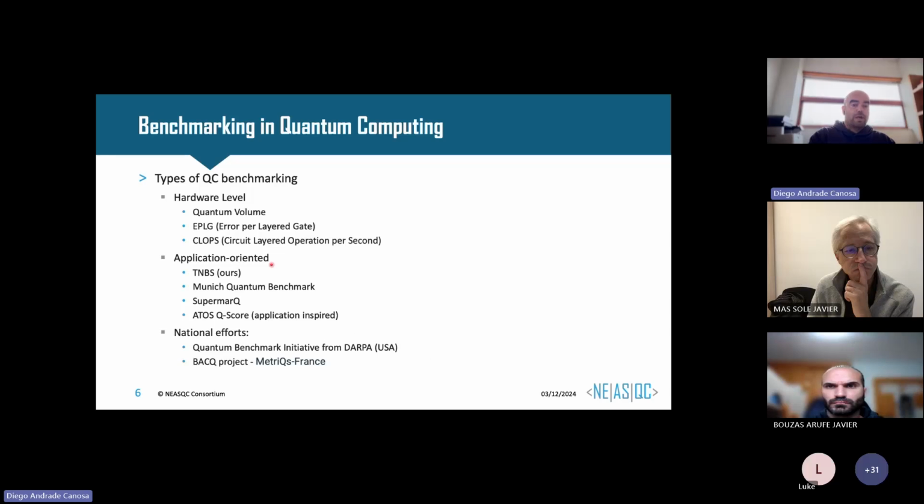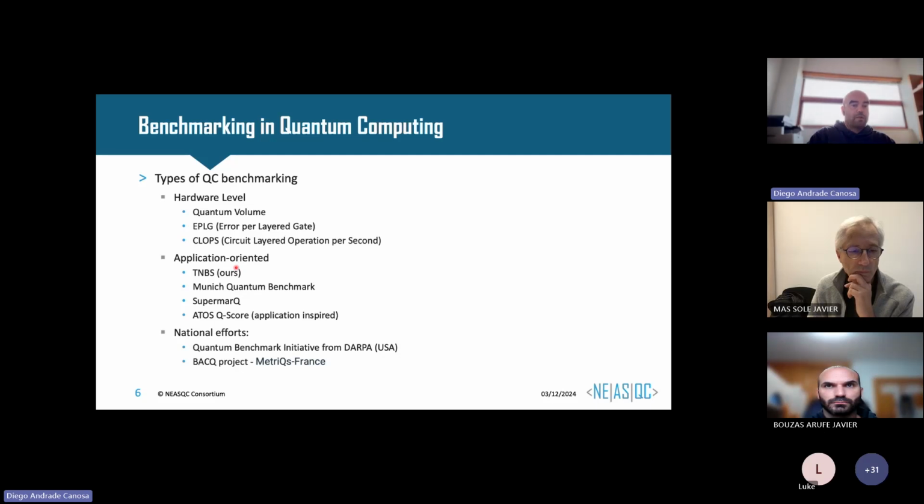Our approach, however, is located at the other end, in the family that is called application-oriented. So this is our approach, TNBS, but here we have other approaches that focus on the implementation of representative workloads of the type of applications that you usually want to do with quantum computers in real-world applications.